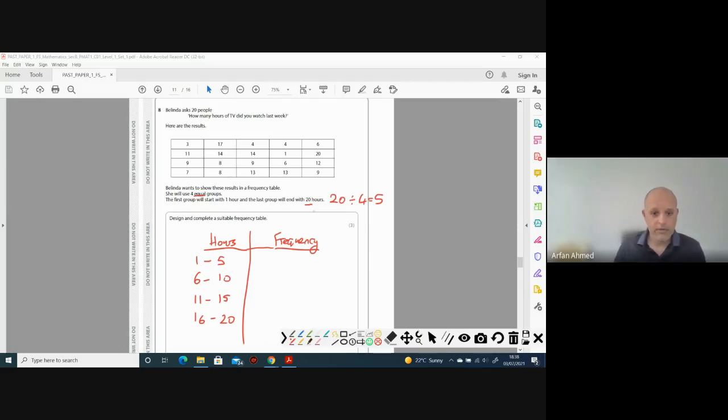And then you can just write your frequency. So you could have done a tally chart as well. That would have been absolutely fine. Just have tally marks in the middle and have your frequency column on the right-hand side. But let's just do it this way. So we've got 1, 2, 3, 4.